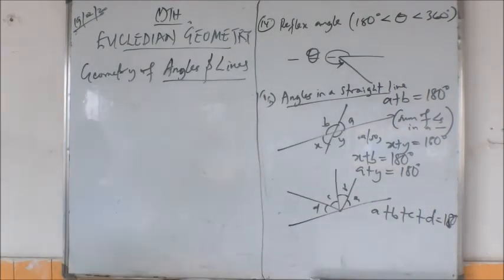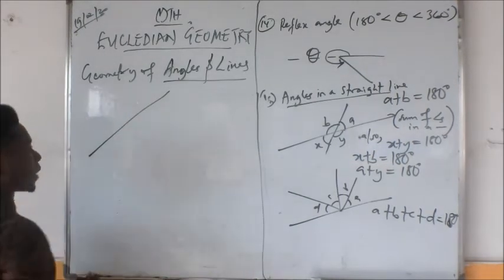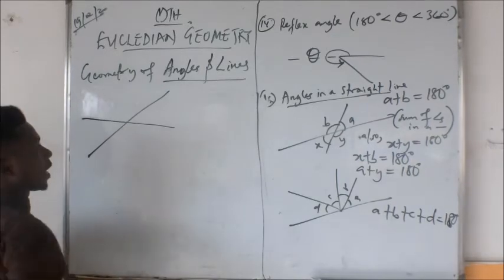Then the next one we have here is when you have a line like this, and then you have transverse lines. Okay, before that, we have another line crossing it.